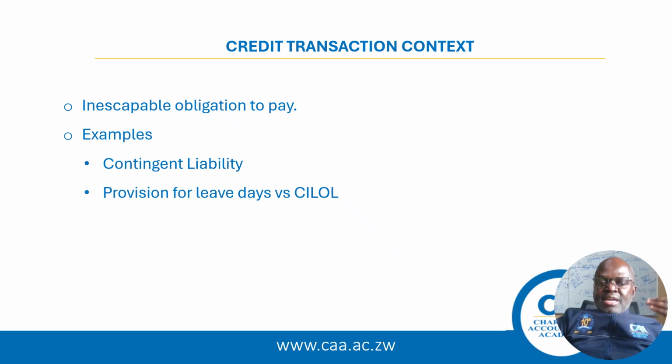You still have other accounting arrangements that do not involve the movement of cash immediately, like provision for leave days. And so the question is, should an entity get a tax deduction? For accounting purposes, as you accrue these leave days, as staff become entitled to their leave days, you can be prudent and deduct or expense them.